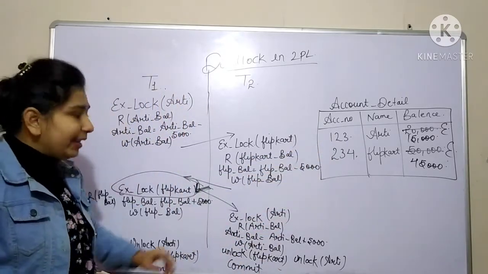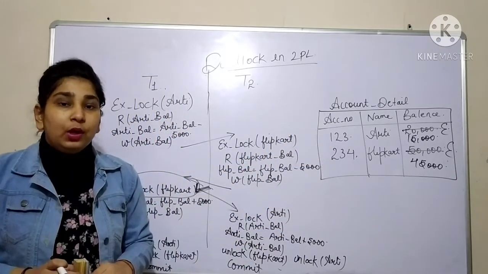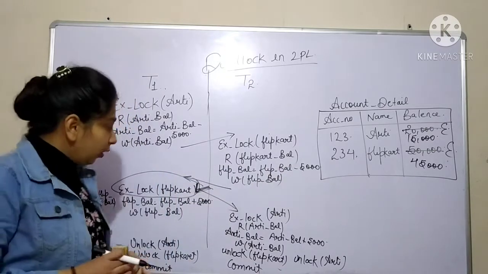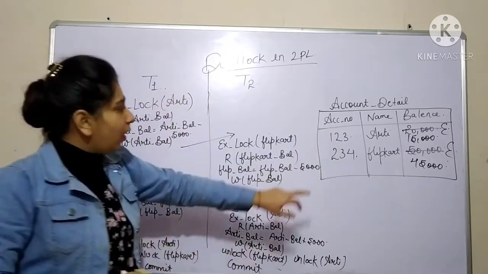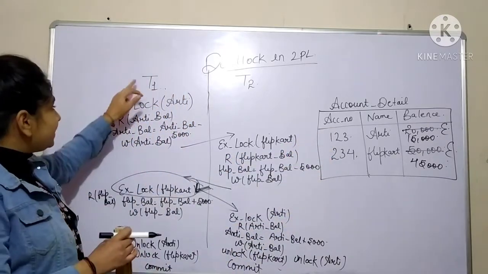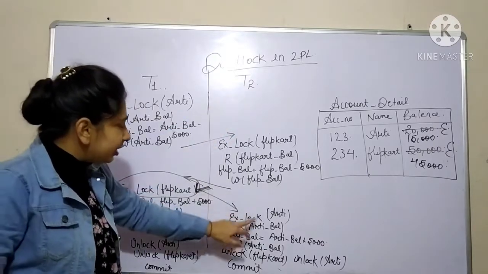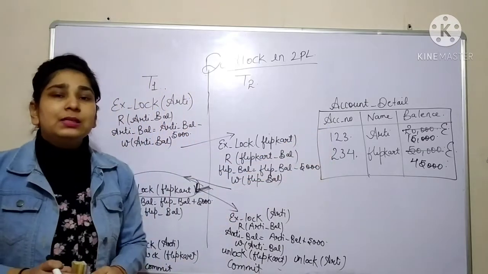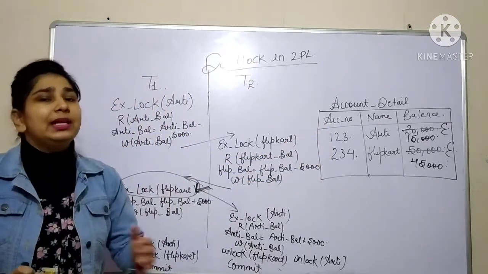So we first have to take an exclusive lock on this database item, only then can I access this value. But as the exclusive lock on this database item is taken by transaction T1, transaction T2 cannot take the exclusive lock unless transaction T1 releases it.